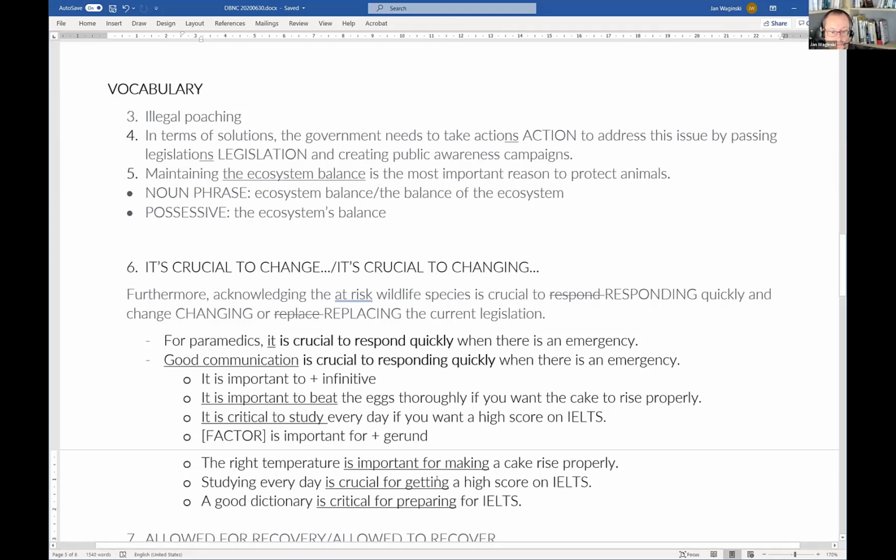I'll tell you this: for getting is going to work with all of them. If you do it the other way, it might not work in some cases. So if in doubt, if you've got this construction where you've got the aspect or the factor first, and then you put is important, is crucial, is critical, and then you put for -ing, you're going to be okay.